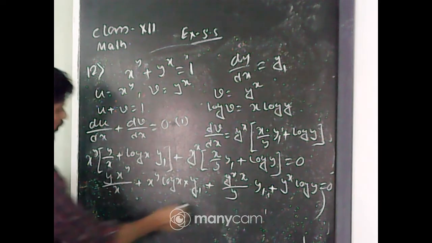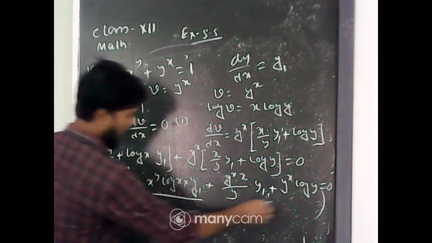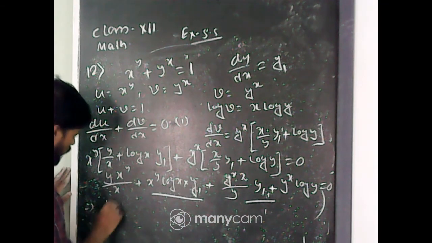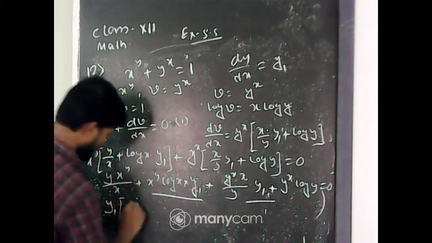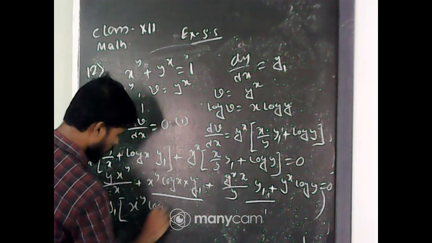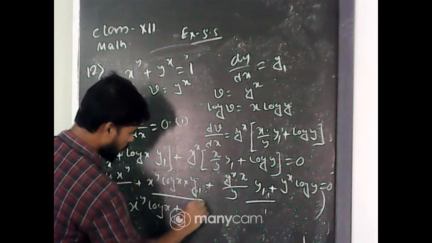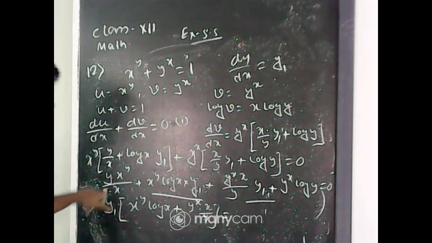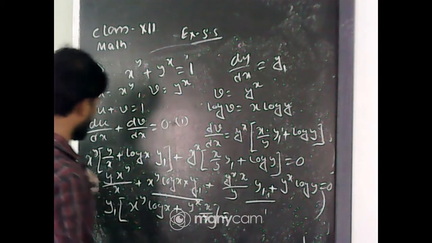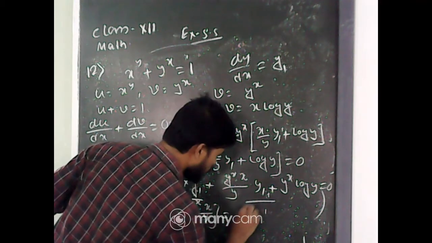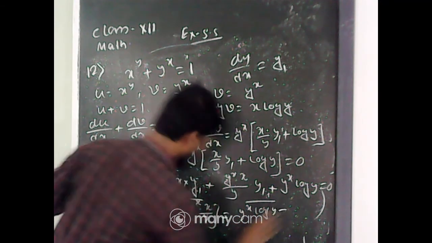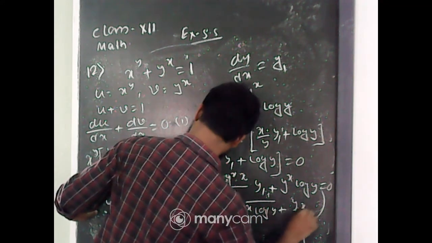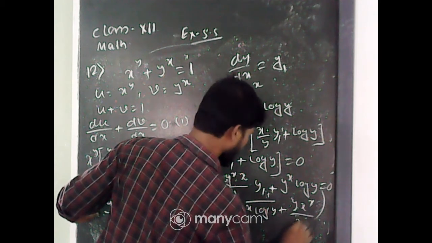Now look, there are two terms containing y1, one is this and one is this. From these two terms take y1 common. So y1 times (x to the power y log x plus y to the power x into x by y) is equal to, if I write the other two expressions on the right hand side, minus (y to the power x log y plus y into x to the power y by x).